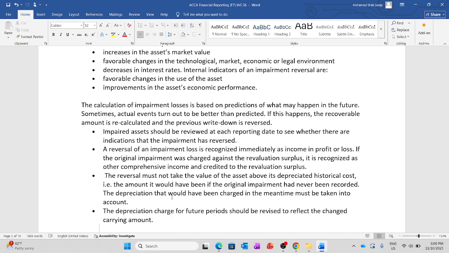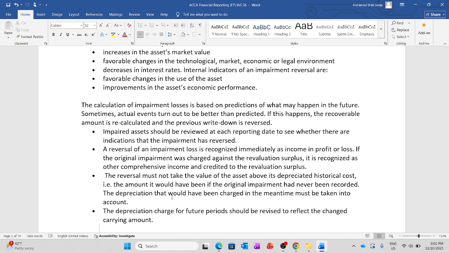The reversal must not take the value of the asset above its depreciated historical cost, the amount it would have been if the original impairment had never been recorded. So that's what we are going to do, because we are not expecting the reversal of impairment to result in a gain. It's not a revaluation.